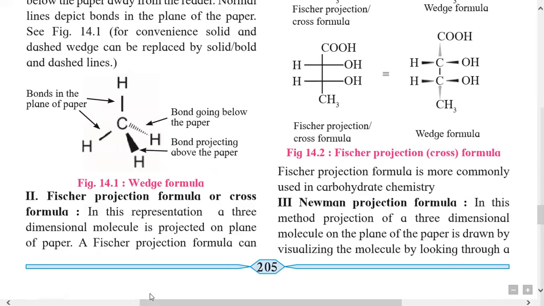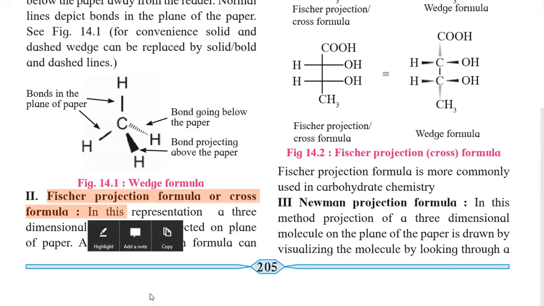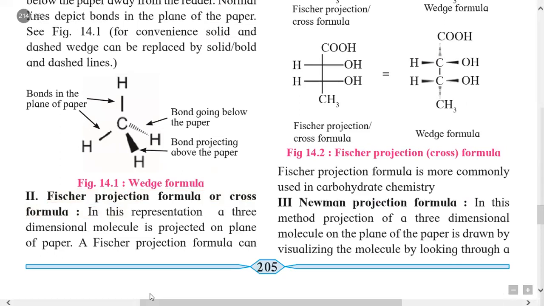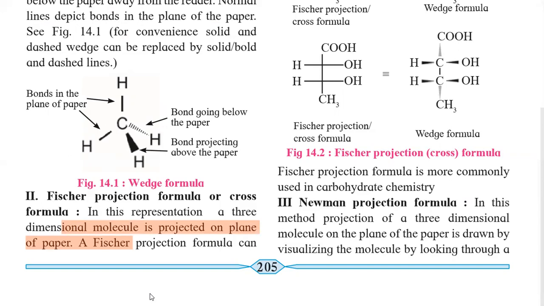The second type of formula to show this three-dimensional geometry is the Fischer projection formula, also called the cross formula. In this representation, the three-dimensional molecule is projected on the plane of paper.